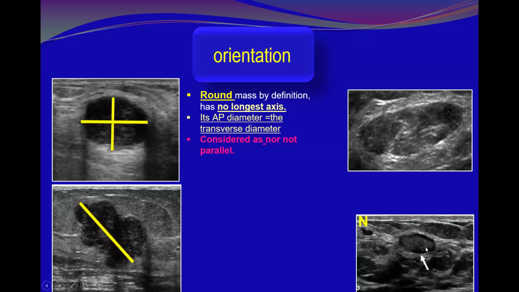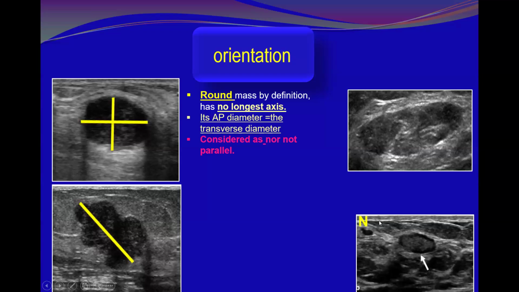But what about this one? Can you tell me what is specific about these lesions regarding their orientation? What is the location of this lesion? The axilla. Why the axilla? This looks like a lymph node.